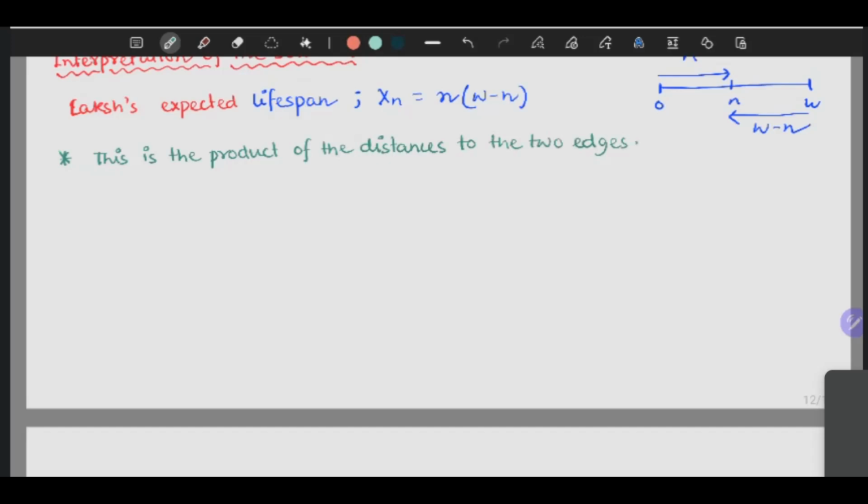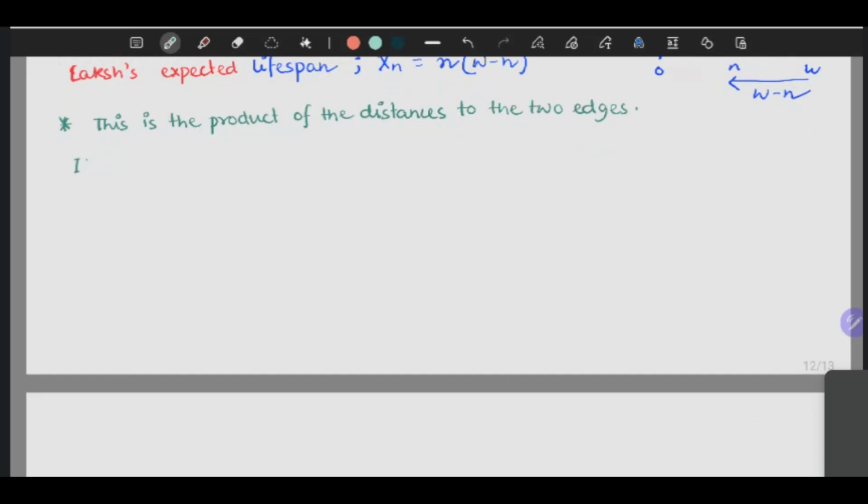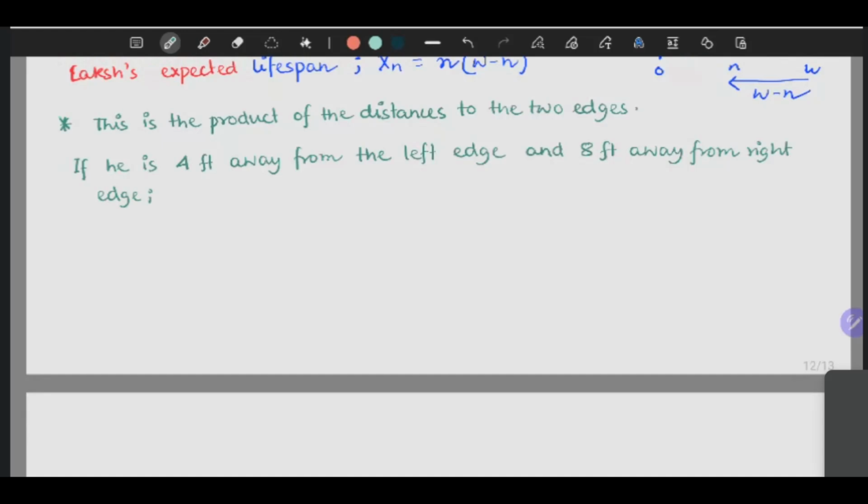Okay, that means if he is 4 feet away from the left edge and 8 feet away from the right edge, then his expectancy will be 4 times 8, that means 32 steps.